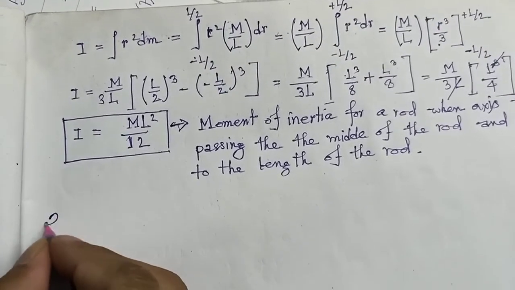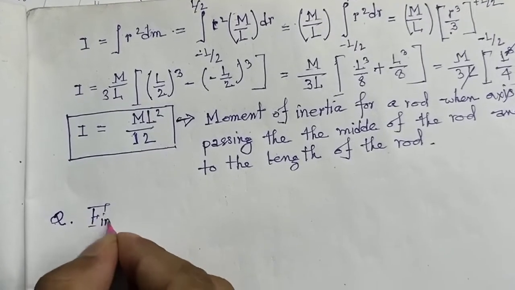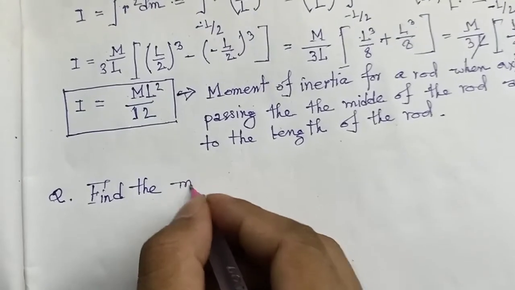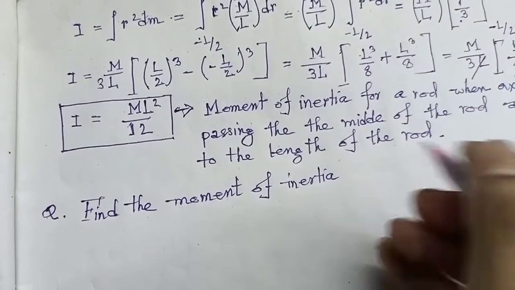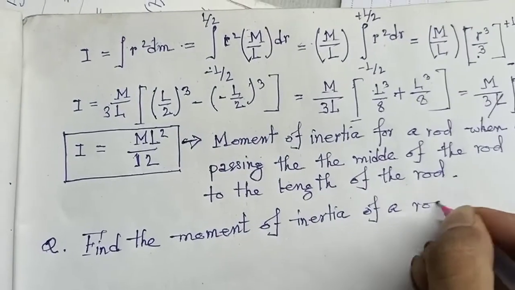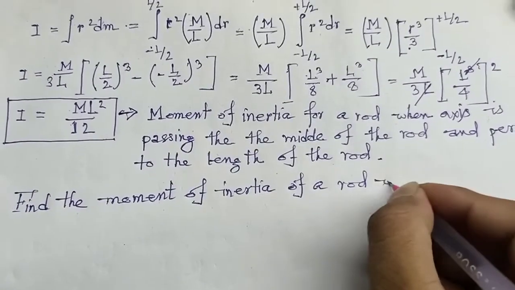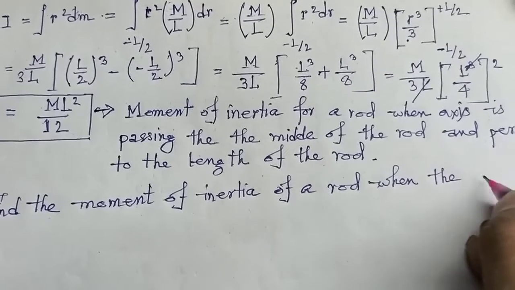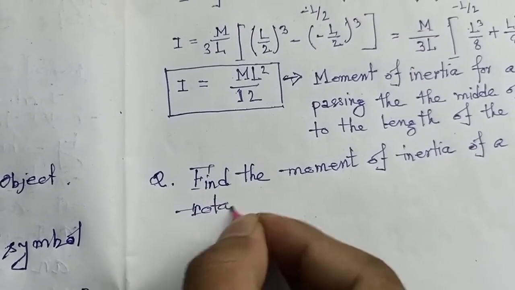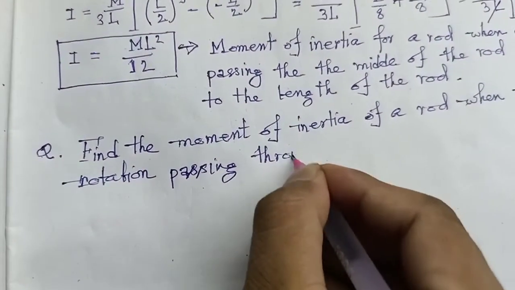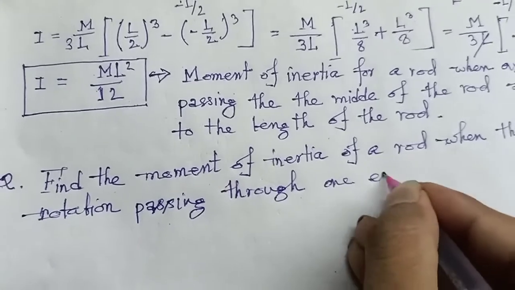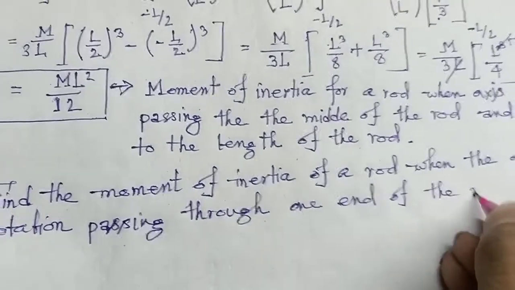So our second question is, find the moment of inertia of a rod when the axis of rotation is passing through one end of the rod. For this situation, first we'll draw the diagram.